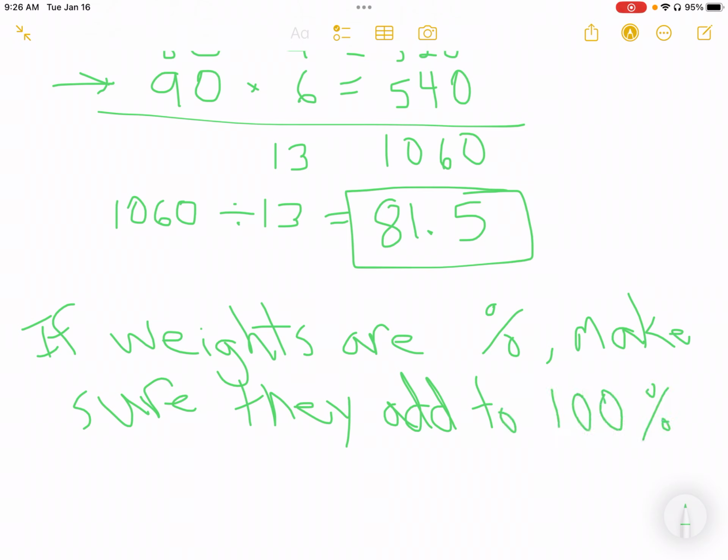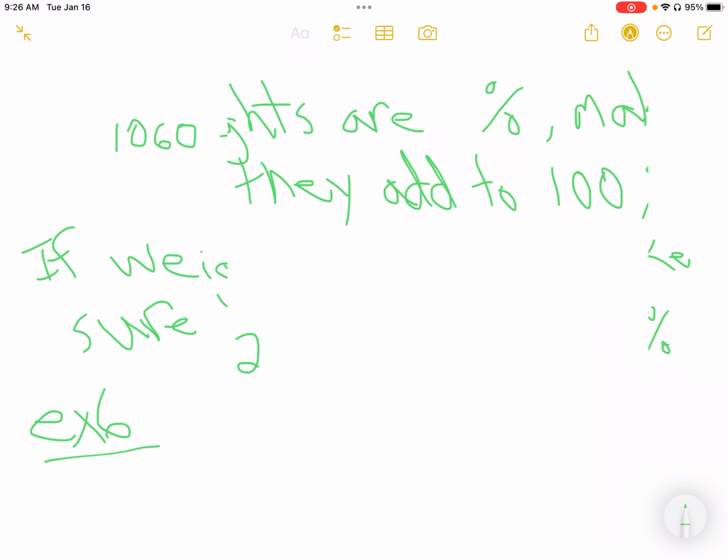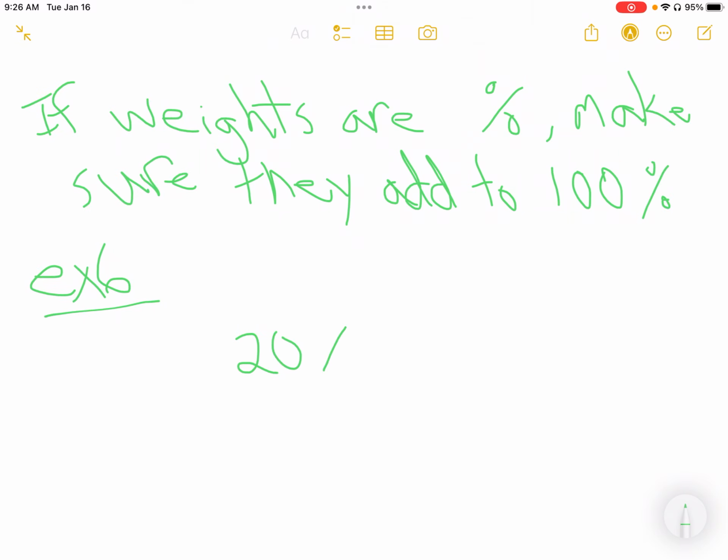So we have example 6, and let's go ahead and see what that says. So it says graduate level course, and this guy Smith R was taking, each of the 3 tests were weighted 20%, and the final paper was weighted 40%, right? So he had 3 tests that were weighted 20%. If they're 20%, then that means in decimal form, that's going to be 0.2.